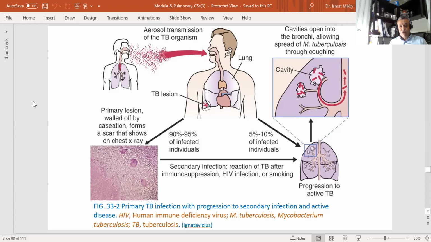The macrophages then stimulate the cell-mediated immune response, a type 4 response, with an increased number of T lymphocytes sensitized to the tuberculin antigen.